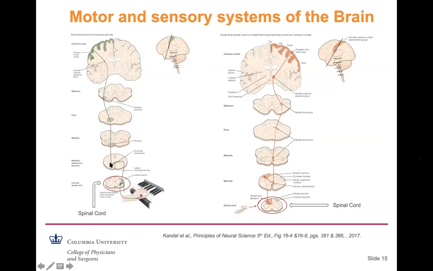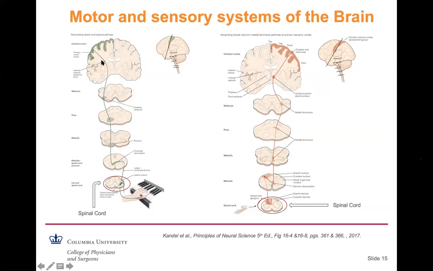And recognize here that the pyramidal fibers actually cross over in the medulla, which is the lowest part of the brainstem, from the left side to the right side, or from the right side to the left side. So these motor fibers start on one side of the brain, cross over in the lower part of the brain, and then go to the other side.